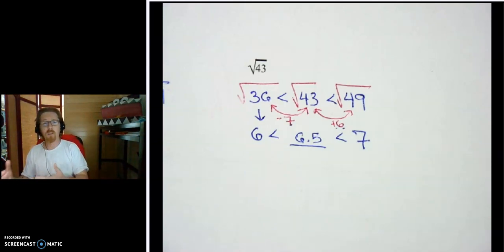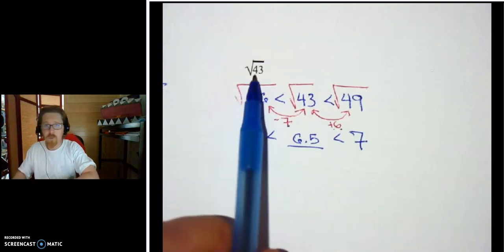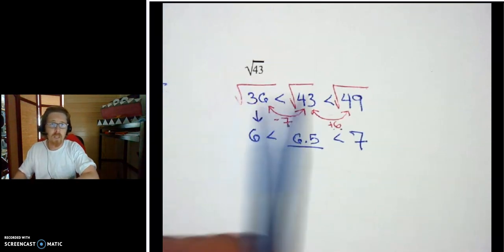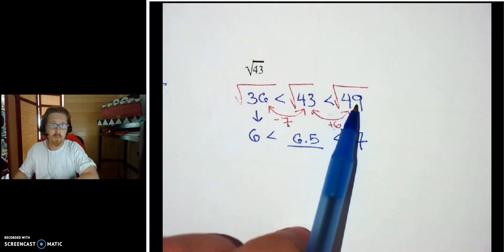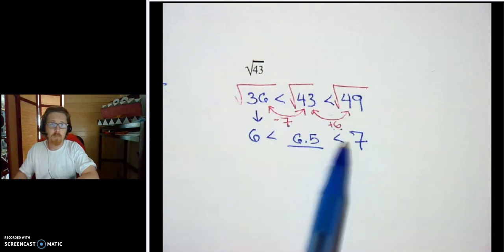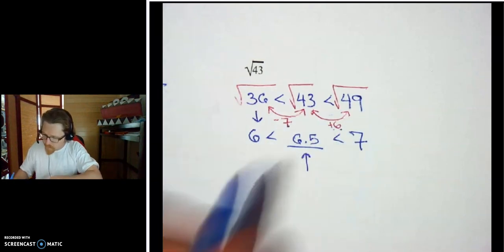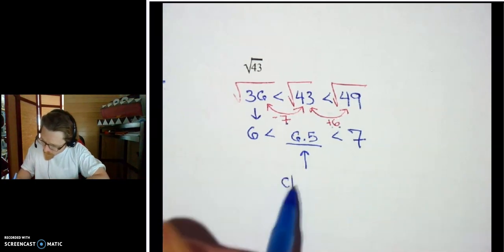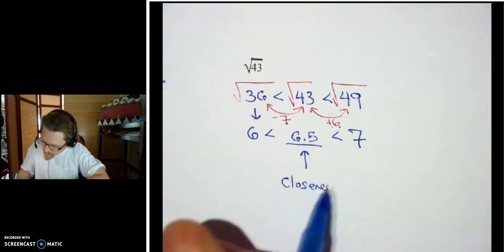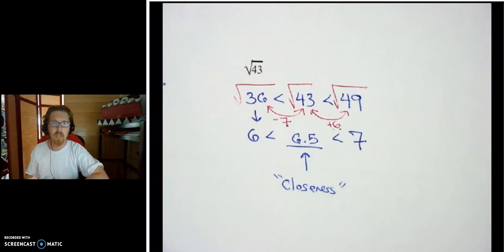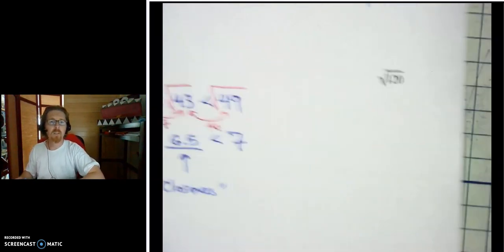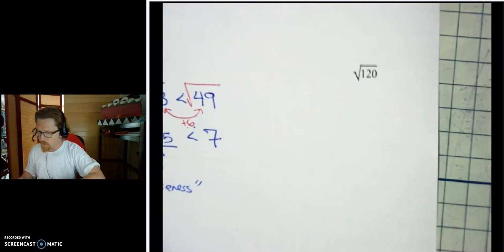So again, the process here is we find the two perfect squares that are in between the number we want. We take the square root, and then we guess this number based on the closeness to the actual values. Let's take a look at the next one, the square root of 120.